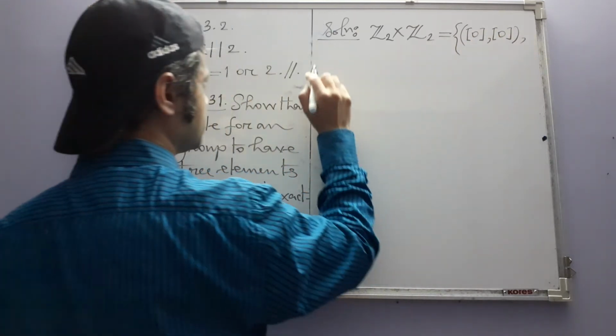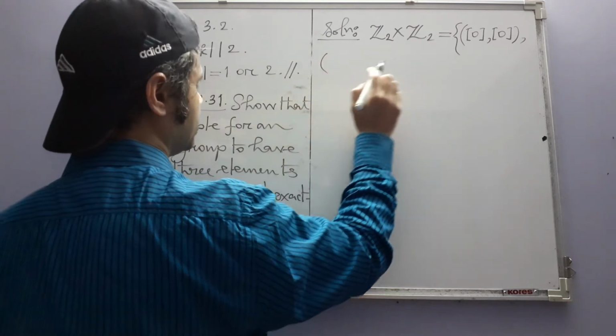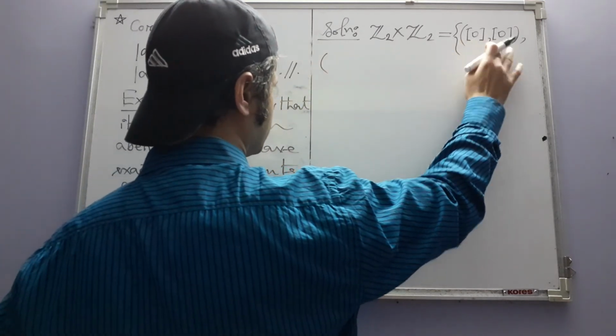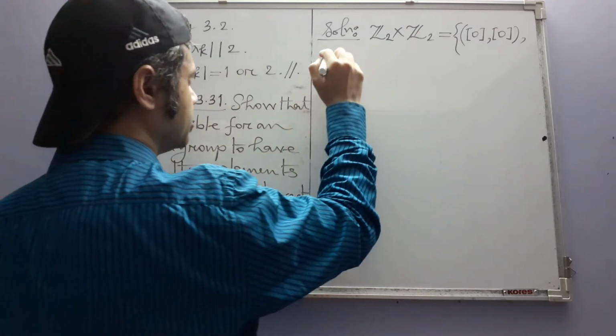In this case, unlike the first exercise, the 2 congruence classes actually are the same thing.